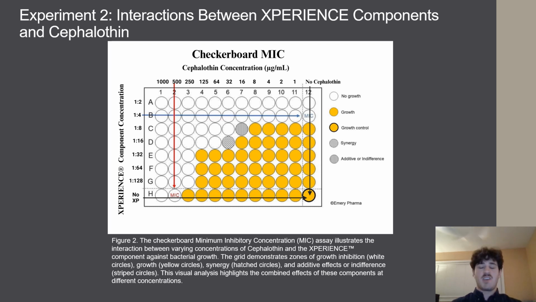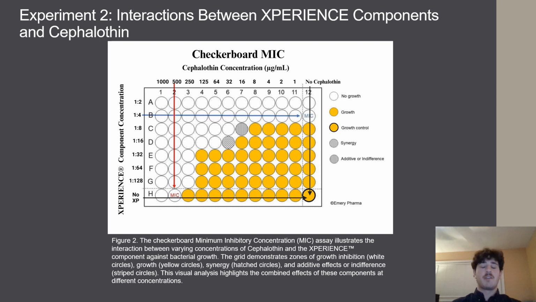This will give us 73 unique combinations, where if these combinations have a larger MIC than each solution alone, that will result in antagonism. And if the MIC is lower than the solution alone, that will result in a synergistic effect.